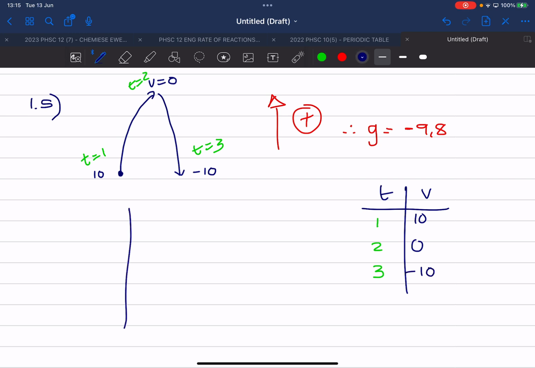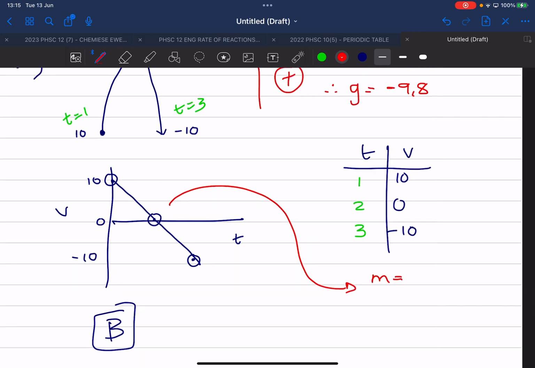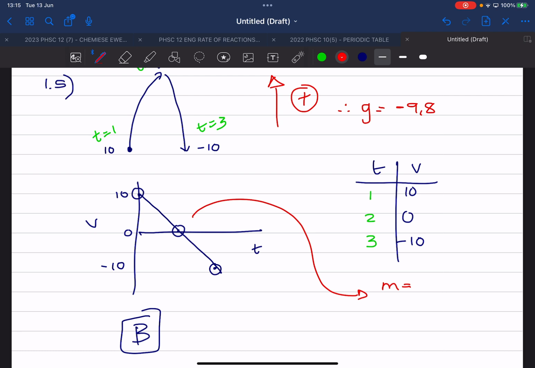So as ek my grafiekie gaan trek, and I have velocity versus time, 10, negative 10, then I have 10, 0, negative 10. Whoosh. So my answer there would be B. What does the gradient of this graph tell me? Wat gee die gradient van daardie grafiek vir my?